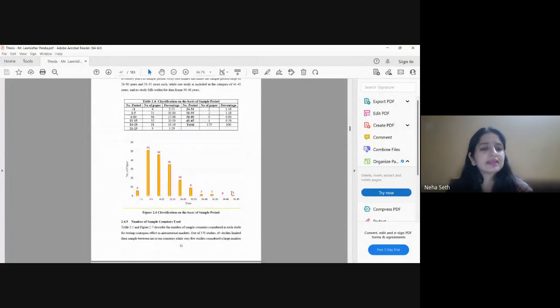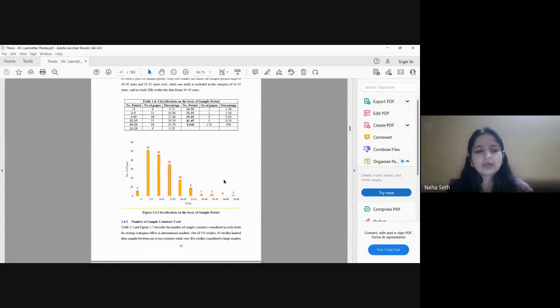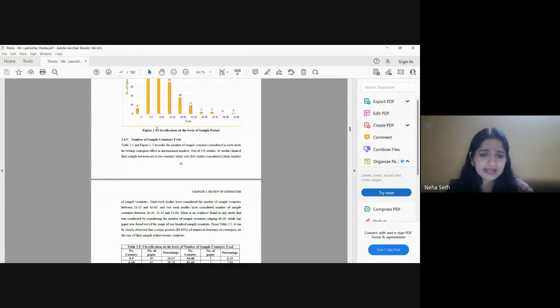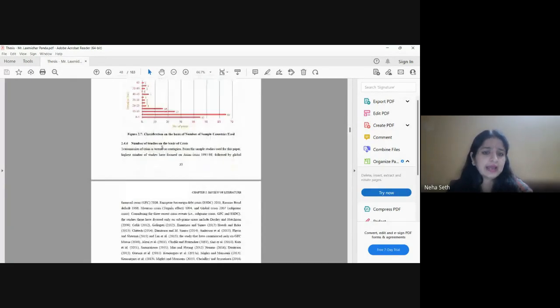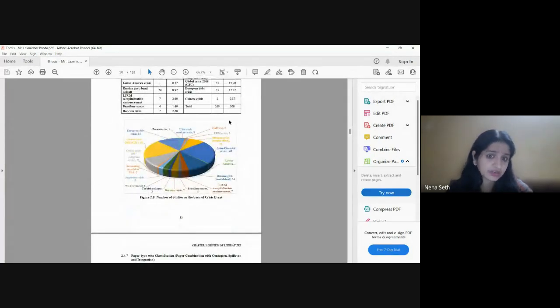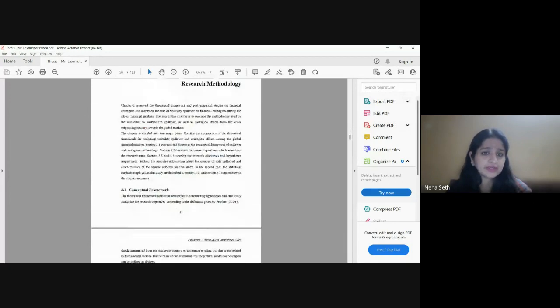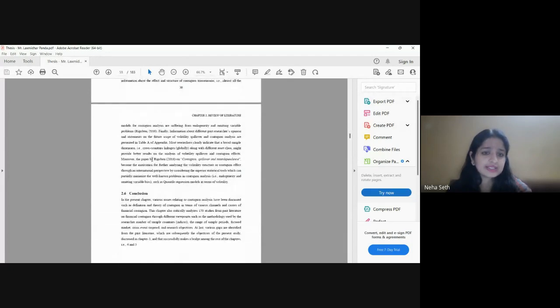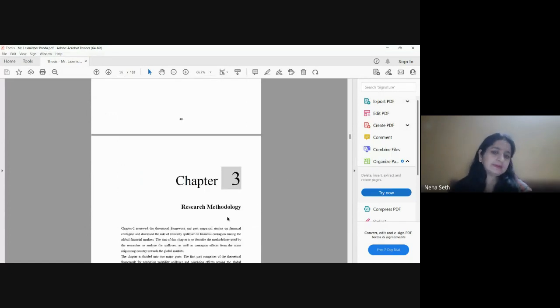The papers have been gathered from various countries, various authors, and spread over various years. This chapter gives a wide idea about the review that we have done, and we reached the gap after doing this work. So the conclusion states the gap in the research. He has analyzed 170 studies for this particular chapter.